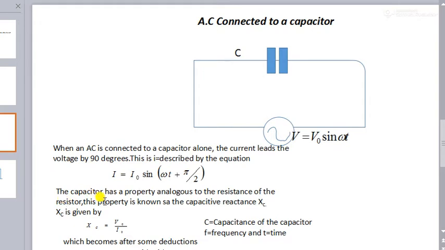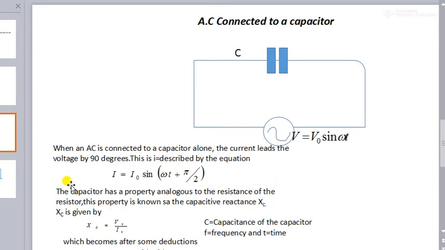Now the capacitor has a property analogous to the resistance of the resistor. This property is known as the capacitive reactance. This capacitive reactance behaves like the resistance that the resistor has, because it is this property that enables the capacitor to oppose the flow of current through it, just like the resistance of a resistor tends to oppose the flow of current through the resistor.